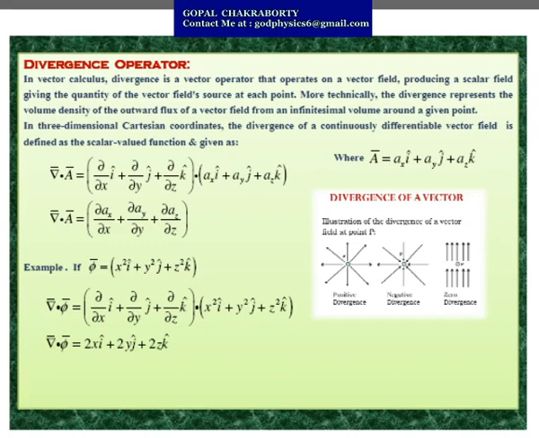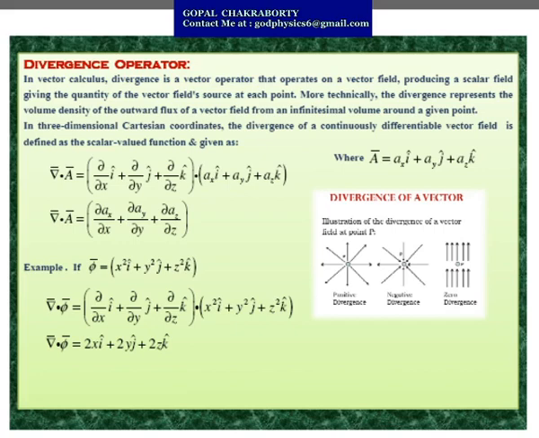scalar valued function and is given as, for simplicity, we have considered the vector A. The vector A is given by ax i cap plus ay j cap plus az k cap. So we take the dot product of vector A with the vector differential operator del.